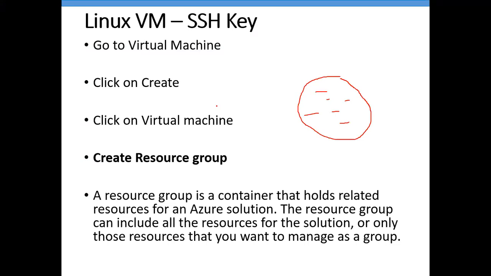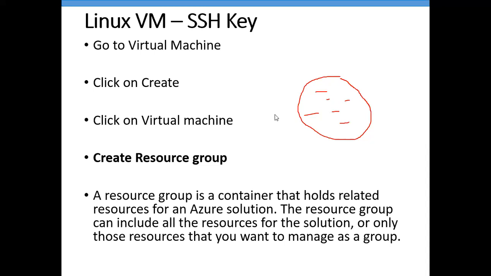Resources means a virtual machine or whatever is required to create any Azure service. It is mandatory to have a resource group. In Azure, without a resource group, you can't create any resource.